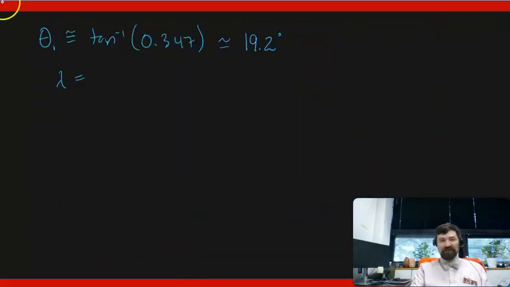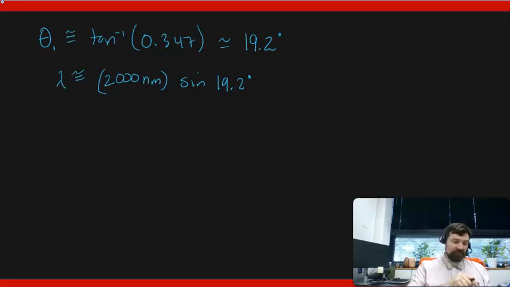So lambda in this case becomes 2,000 nanometers times the sine of 19.2 degrees. If I do that in degree mode, what I end up getting is lambda is approximately 657.7. So let's call that 658 nanometers.